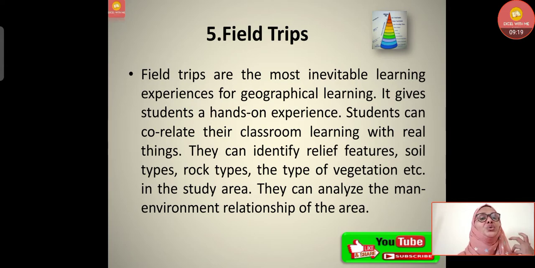Students can relate their classroom learning with real life situations: whatever the teacher has taught in the class, when they go outside on the trip personally, they will understand and correlate the things. They can identify relief features, soil types, rock types, the type of vegetation, etc. in the study area. They can analyze the man-environment relationship of the area also.